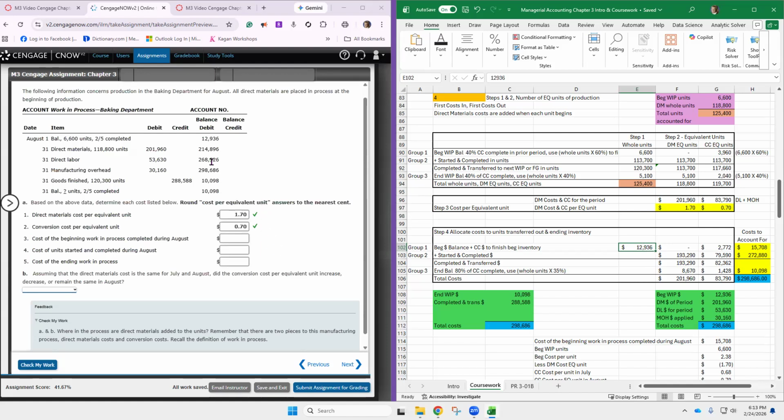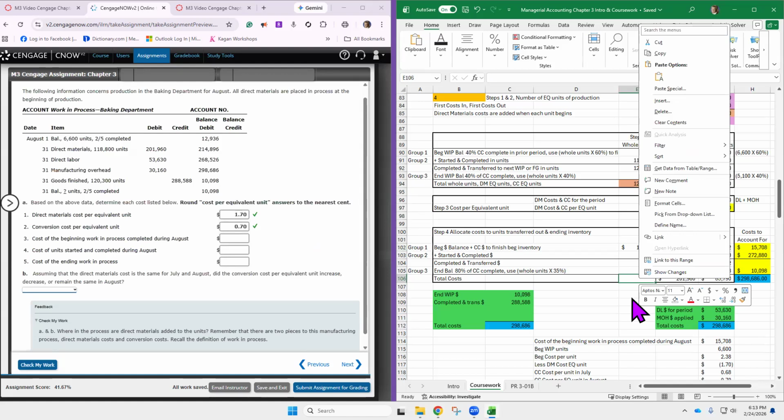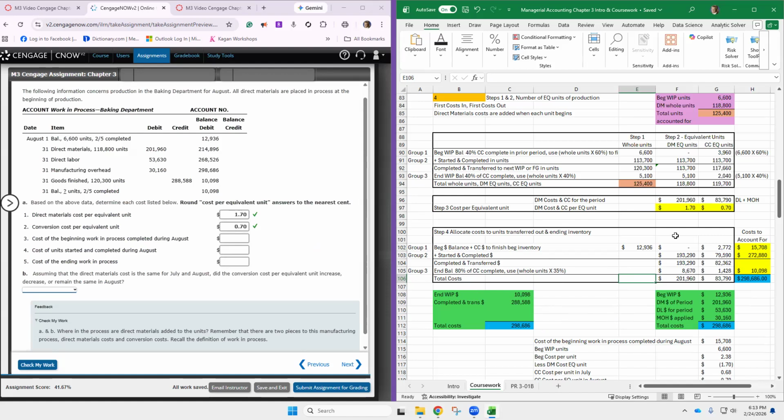So I'm putting that in. 12,936 is right there. We don't have to add any more for direct materials to group 1, which is the beginning balance, but we do need to add some conversion. So we go up here and get our equivalent units as far as conversion is concerned. And it's 3,960 when you do this math here.